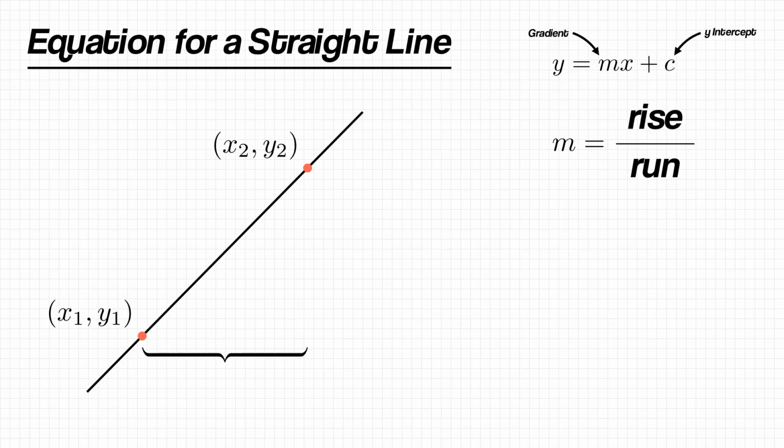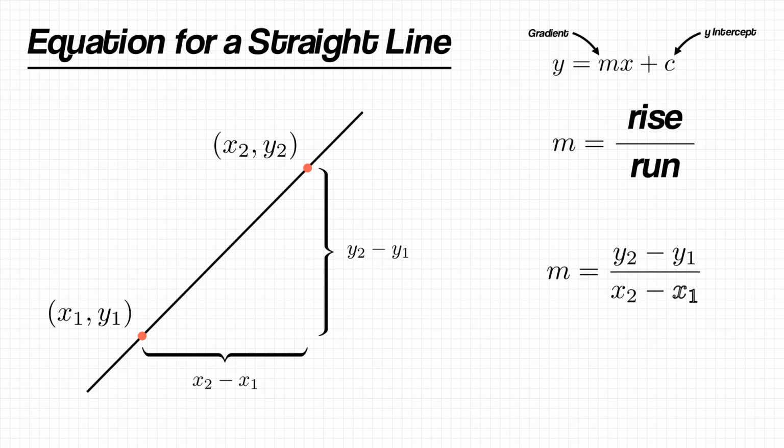The run between these 2 points would be the difference in the x-coordinates. And the rise between these 2 points would be the difference in the y-coordinates. Plugging these into the formula gives us the gradient of the line to be y2 minus y1 over x2 minus x1.